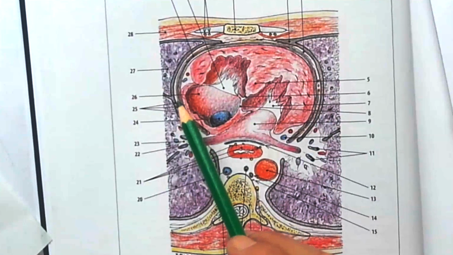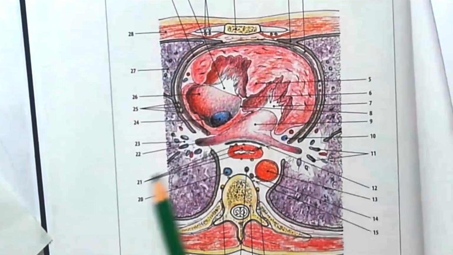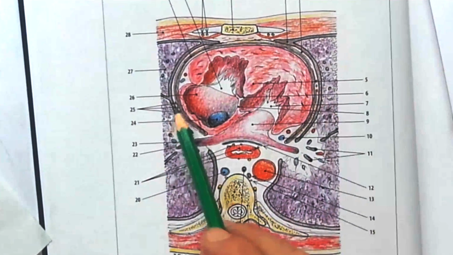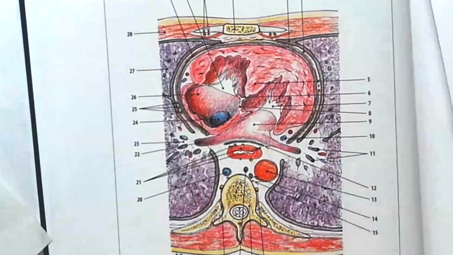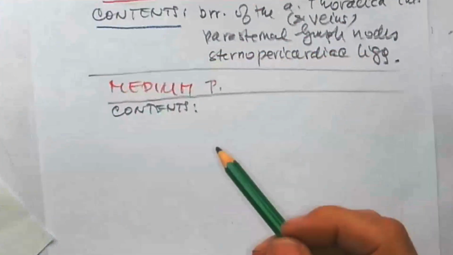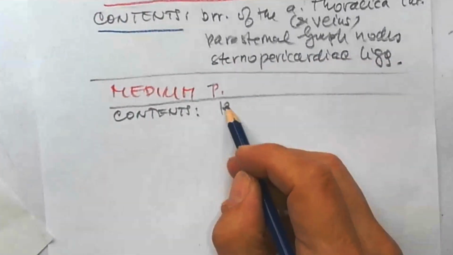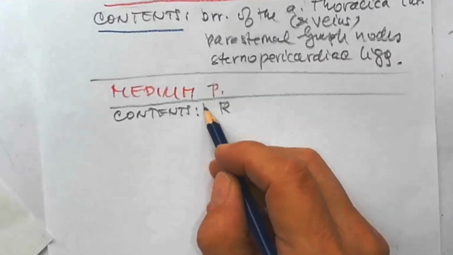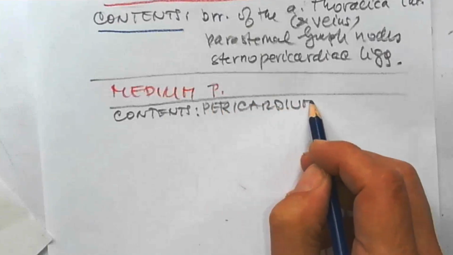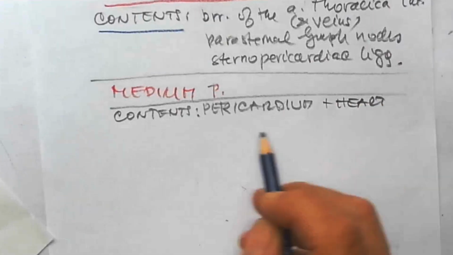And then the pericardiacophrenic vessels that descend on the surface of the pericardium and also together with the nerve. So pericardiacophrenic vessels plus phrenic nerve. So really easy to remember contents. So we would start with the pericardium, the pericardial sac, pericardium plus heart, of course.